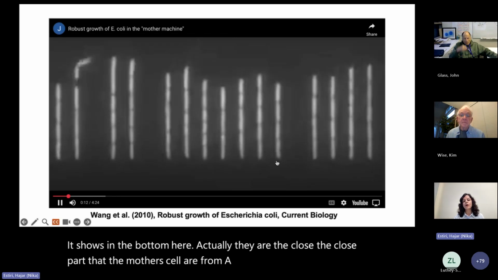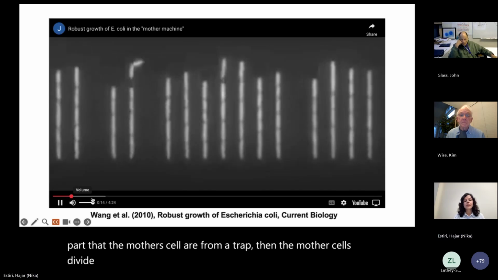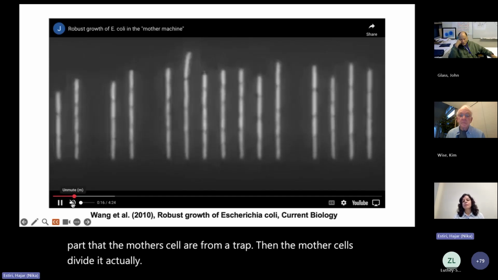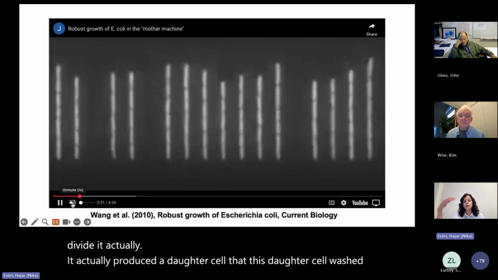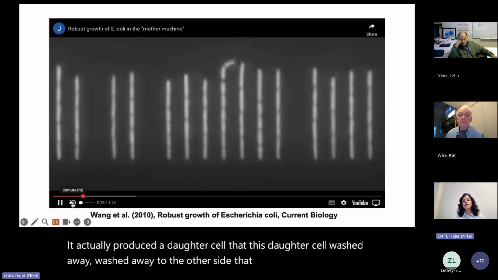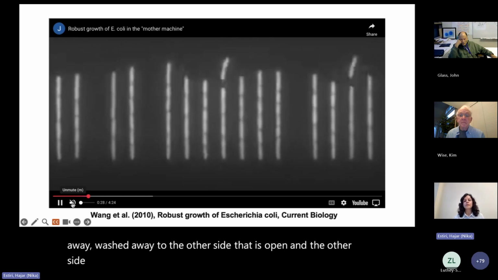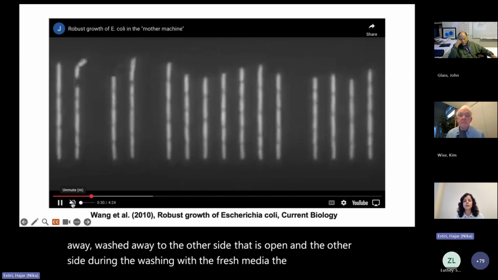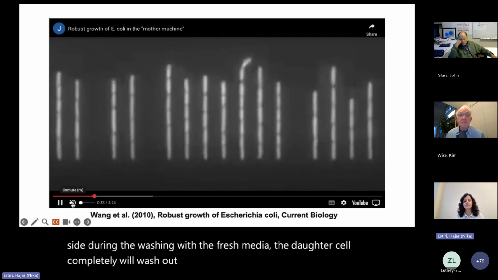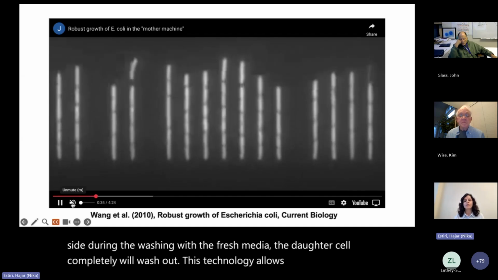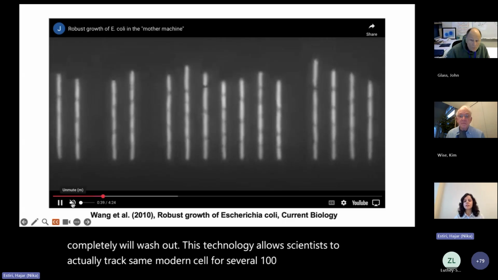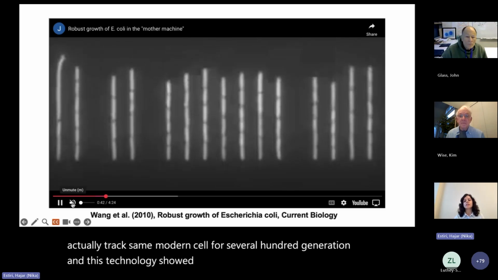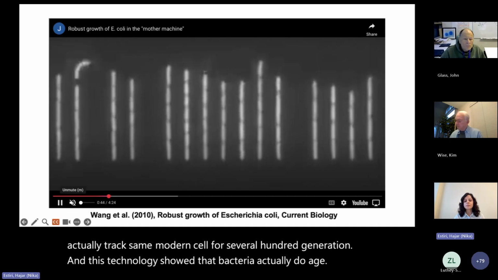When the mother cell divides, it produces a daughter cell that is washed away to the open side, and during washing with fresh media, the daughter cell washes out completely. This technology allows scientists to track the same mother cell for several hundred generations, and it showed that bacteria actually do age.